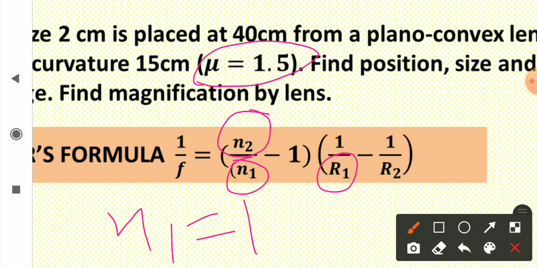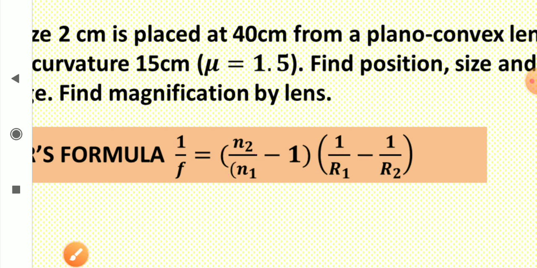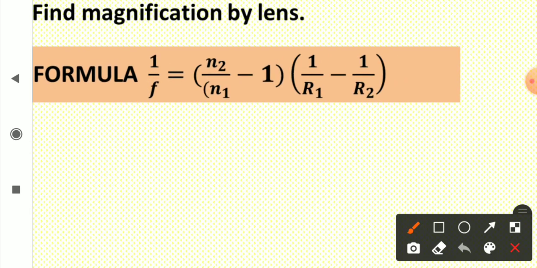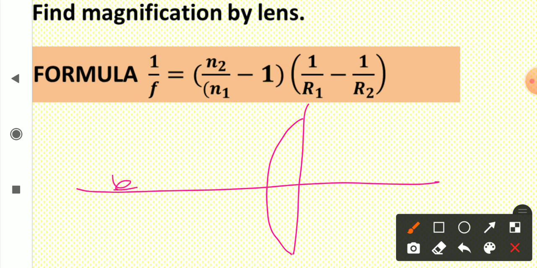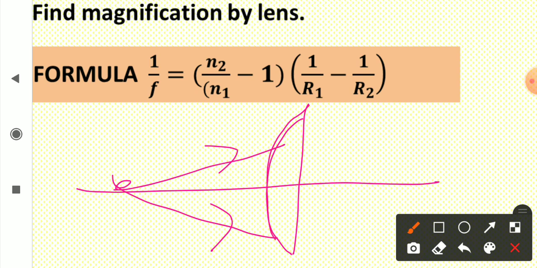A plano-convex lens is convex on this side and plane on this side. I'll draw it once again. This side is convex and this side is plane, and the rays are coming from here. So the radius of curvature of the first surface is along this direction, so R1 is positive, and the radius of curvature of a plane surface is infinite.